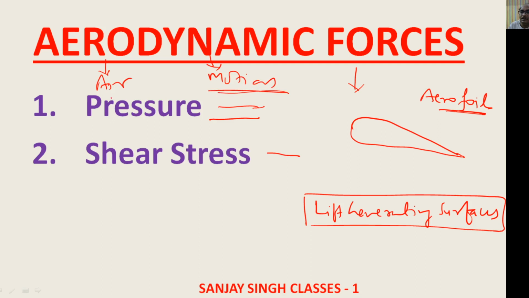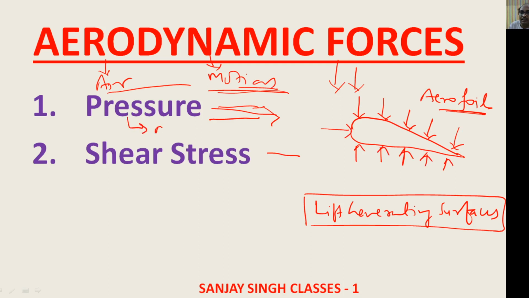So when the air is in motion, it exerts two types of forces on an object, and those forces are created mainly due to the pressure which is distributed over the surface and which is normal to the surface. The pressure distribution takes place normal to the surface. Now another one is shear stress.